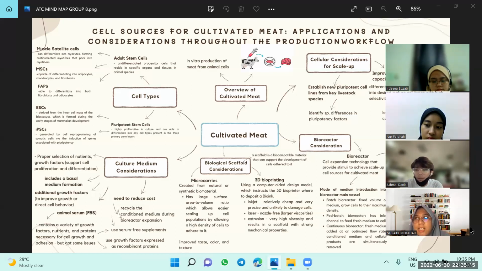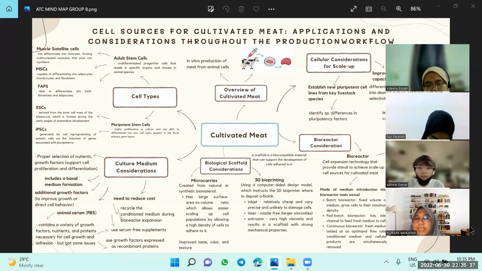Okay, next, the pluripotent stem cells. They are highly proliferative in culture and able to differentiate into any cell type present in the three primary germ layers, such as the mesoderm, endoderm, and ectoderm. There are two types of stem cells derived from the pluripotent stem cells.